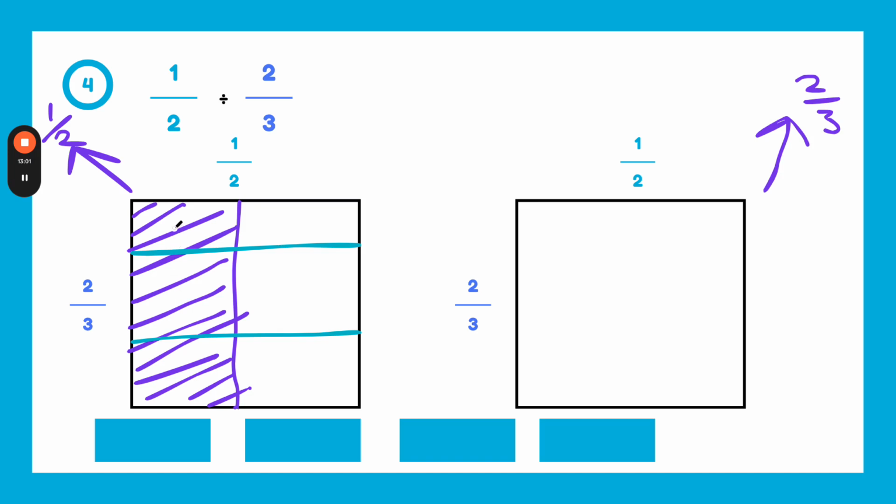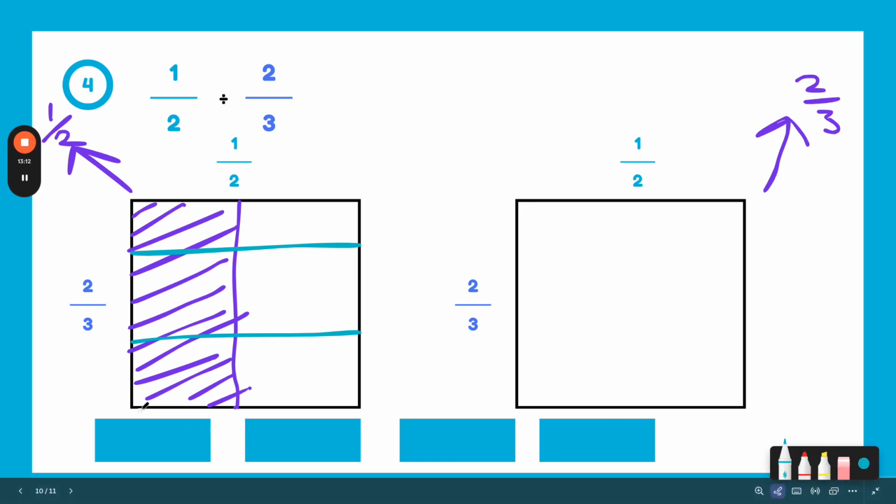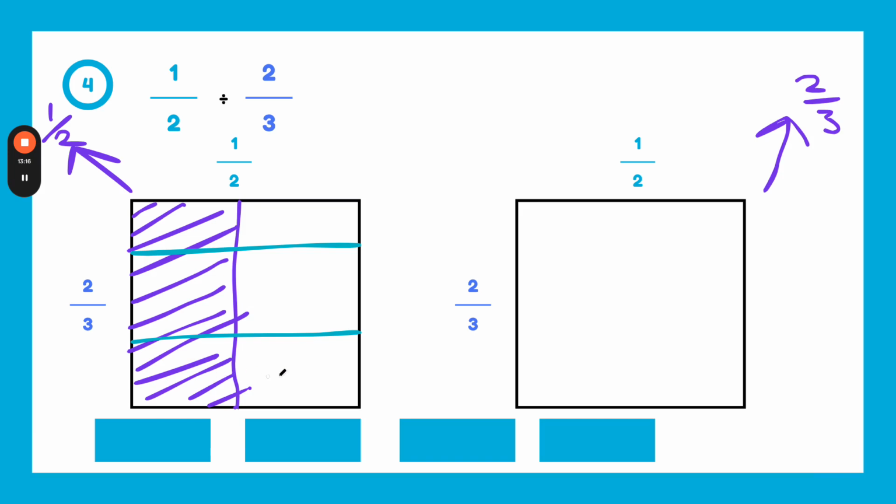So we have 1, 2, 3 shaded pieces all together from splitting the square into 3 and splitting it into half and then shading the half. So if we look at our second square, we have 2/3 and a half on the second square.